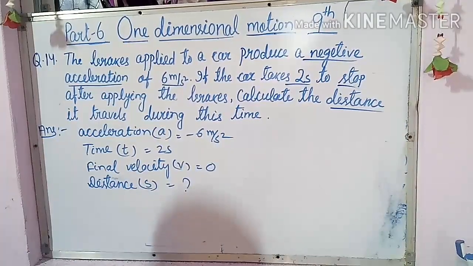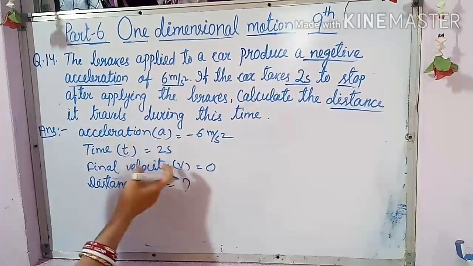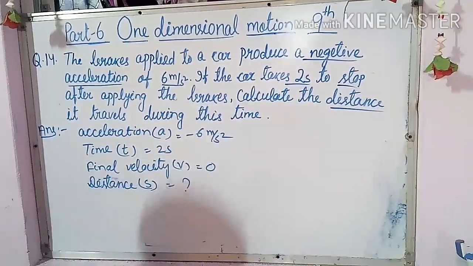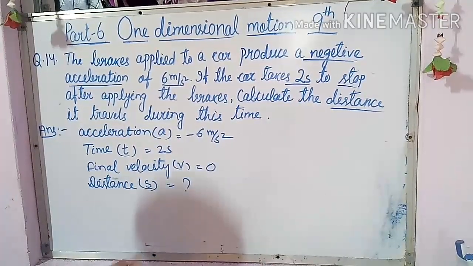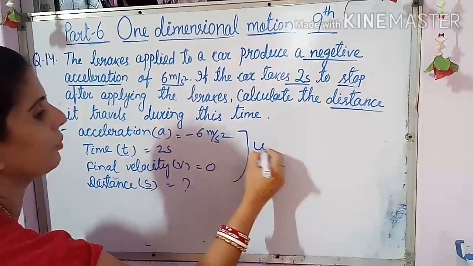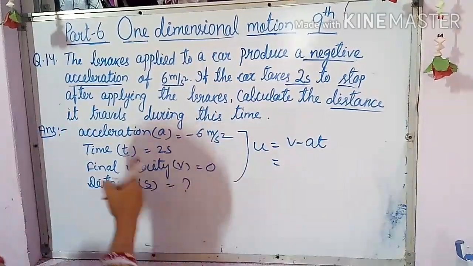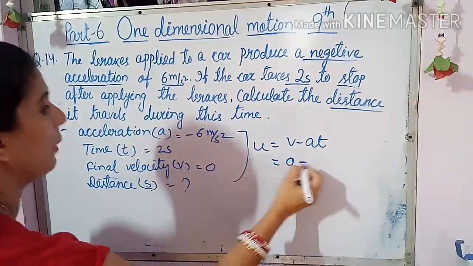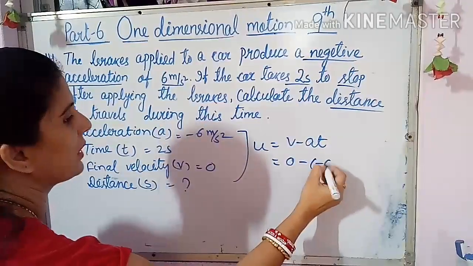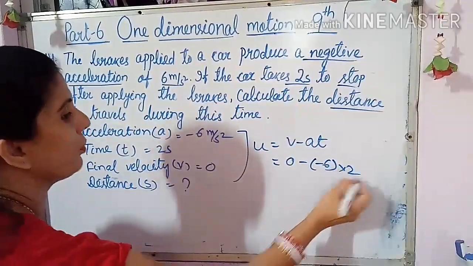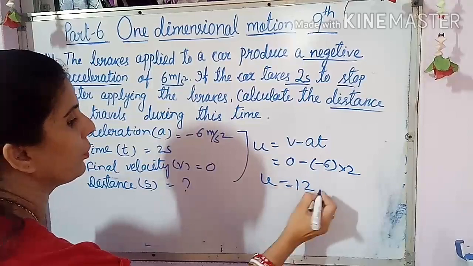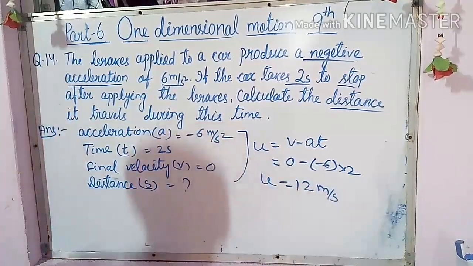How can you find it? Now you see A, T, V are given. Yes, simply you can put the first equation to find U. U equal to V minus AT. Now V is equal to 0, minus AT, which is minus of minus 6 into T, which is 2. So you will get U equal to 12 meter per second. Easily you got that one.